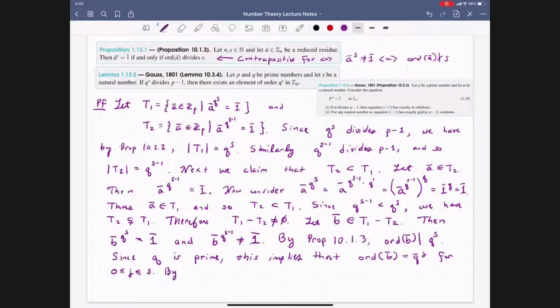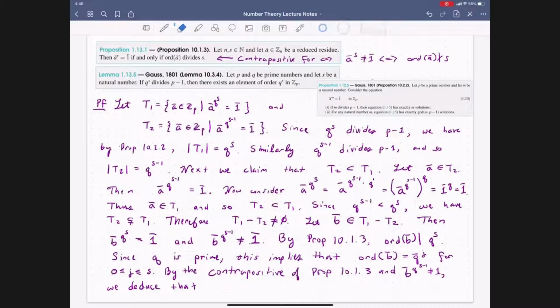By the contrapositive of proposition 10.1.3 and B bar to the q to the s minus 1 not equal to 1 bar, we deduce that the order of B bar, which is equal now to q to the j, one typo, I just noticed a typo over here, I have written q bar, q is now a natural number, there's no need for a bar there, so I apologize.